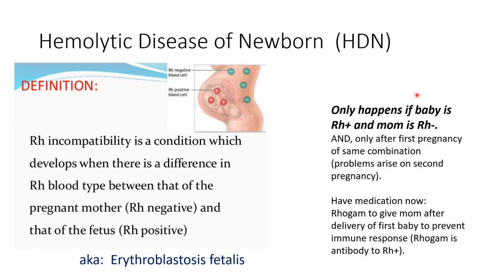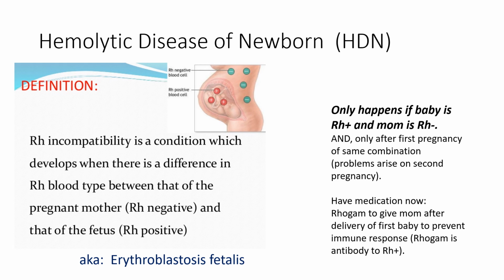This only happens if the baby is Rh positive and the mom is Rh negative, and only after the first pregnancy. Problems arise on the second pregnancy. So my dad was an only child because when my grandparents conceived a second child, my grandmother had anti-Rh antibodies that could cross the placental barrier, attack the fetus, and led to a pretty nasty miscarriage.